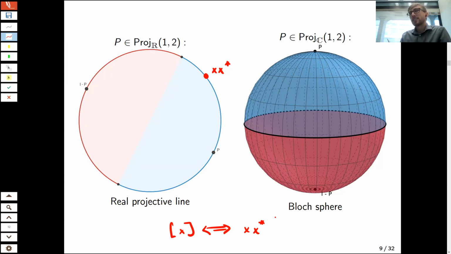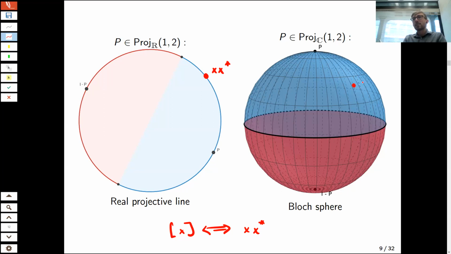In the complex case, the rank 1 projections on C^2 can be identified with the surface of the Bloch sphere. This is something that comes up, I think mostly in quantum computing, to model quantum states for a qubit. The surface of the Bloch sphere is all the pure states, or for us, all the rank 1 projections on C^2.